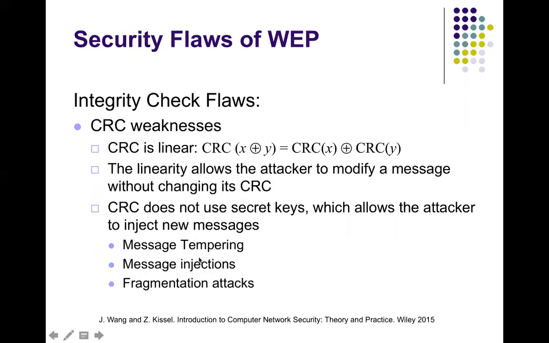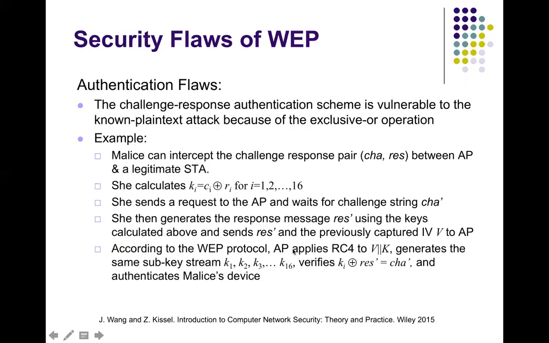According to the WEP protocol, the AP applies ARC4 to V concatenated with K, and generates the same subkey streams, K1 up to K16. So then, of course, what is needed is for the attacker to get this pair, which includes an initial vector.